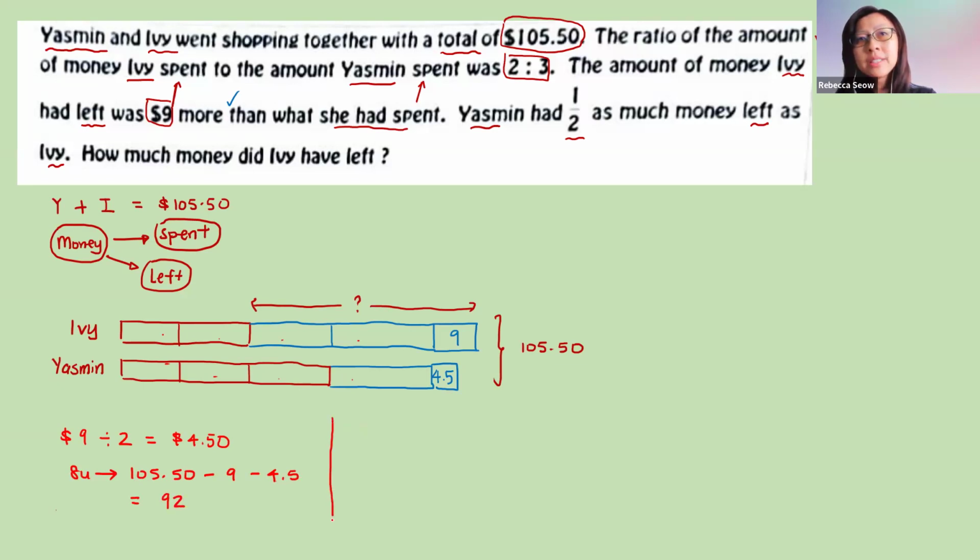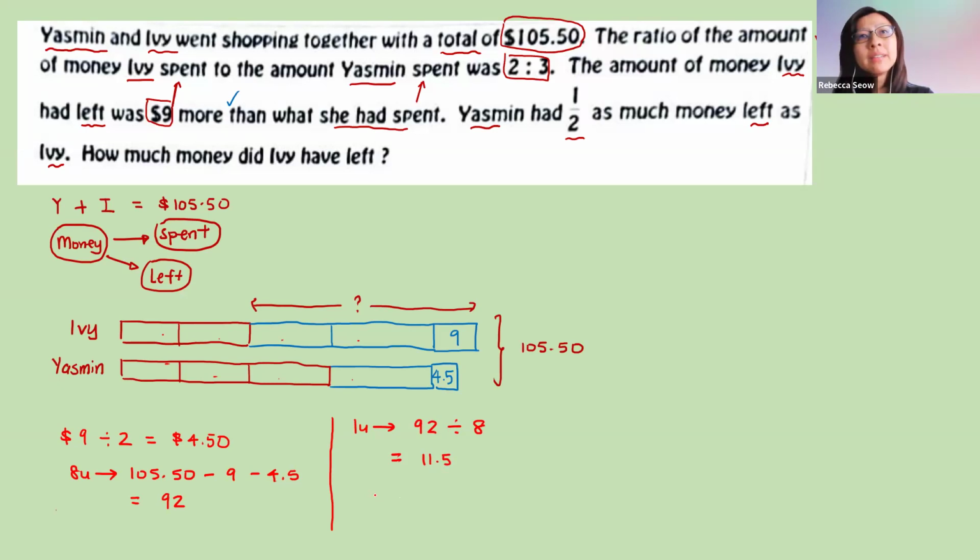I'm omitting the units at this point because I will put the units down only right at the end of the question. From here, we move down to finding 1 unit. So 1 unit would be $92 divided by 8, and I will get 11.50 or 11.5.